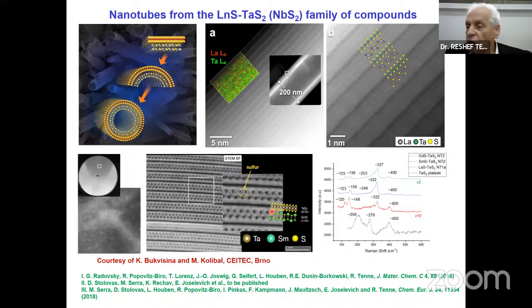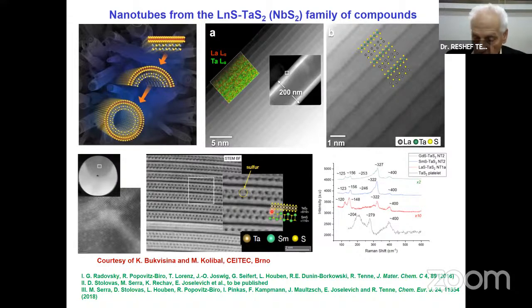Lanthanum sulfide is not stable as a binary compound. It is much more stable as a trivalent compound, so it likes to transfer an electron to the tantalum disulfide, and the tantalum sulfide, in fact, likes to have 5 electrons instead of 4 in the valence band. So we have the optimal combination for a stable misfit compound, and that's what we get.